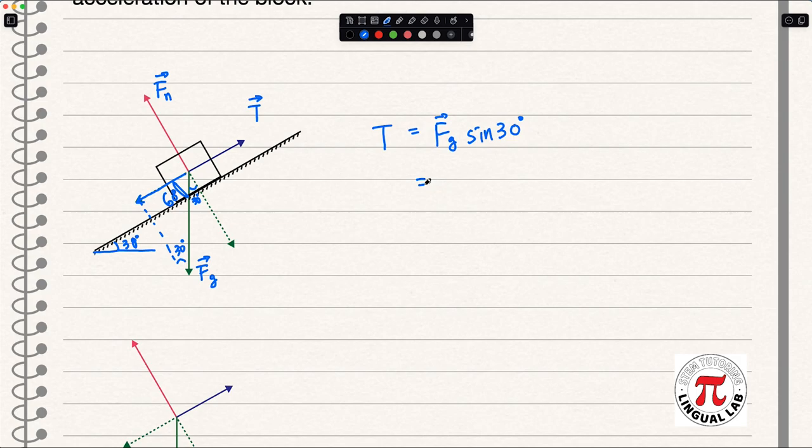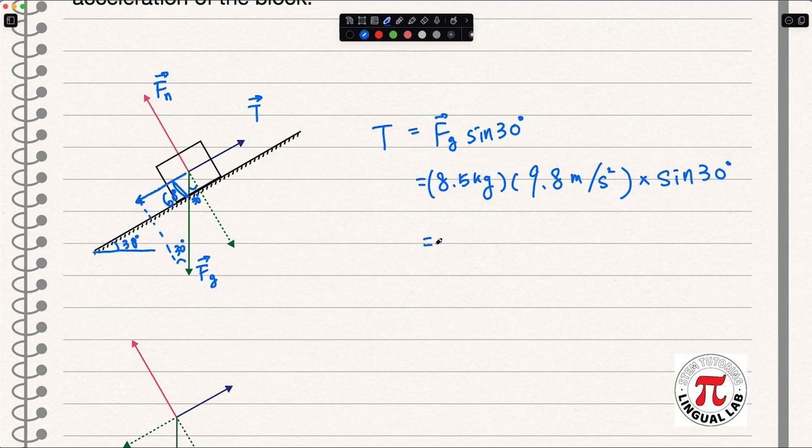The gravitational force I can calculate as 8.5 kilograms, which is the mass of this block, times the free fall acceleration, 9.8 meters per second squared, times sine 30 degrees.